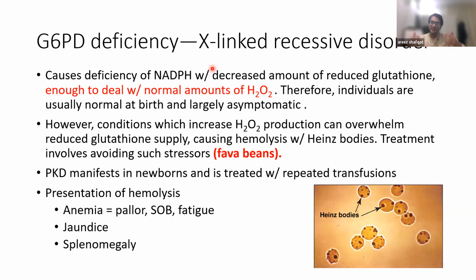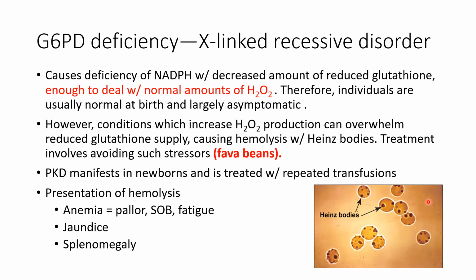And this causes the water to come into the cell and the cell bursts. So this causes hemolytic anemia. But additionally, in G6PD deficiency, the hydrogen peroxide is also attacking the hemoglobin and it's linking those hemoglobins together, and this forms Heinz bodies. In pyruvate kinase deficiency, this doesn't happen. So in pyruvate kinase deficiency, you don't see Heinz bodies. Okay, thank you.